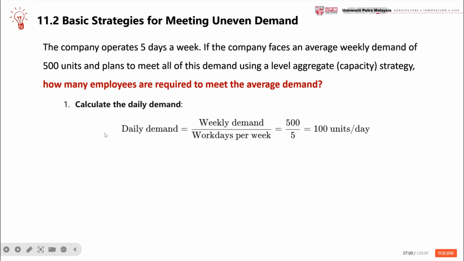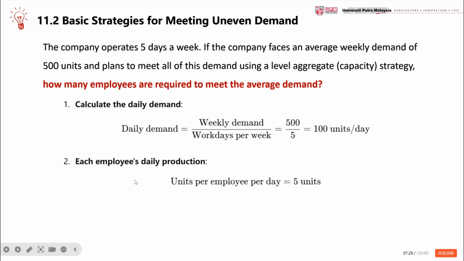The daily demand equals weekly demand divided by workdays per week. These two values, we can find in our title. The weekly demand is 500 units here, and the workdays per week is here. So the daily demand is 500 divided by 5 equals 100 units per day.